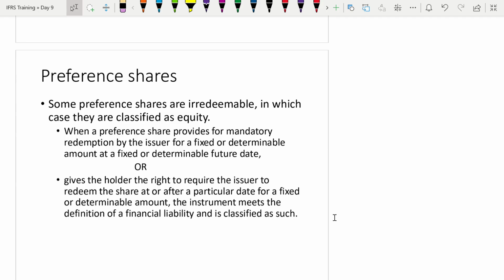Some preference shares are irredeemable, and they are classified as equity.